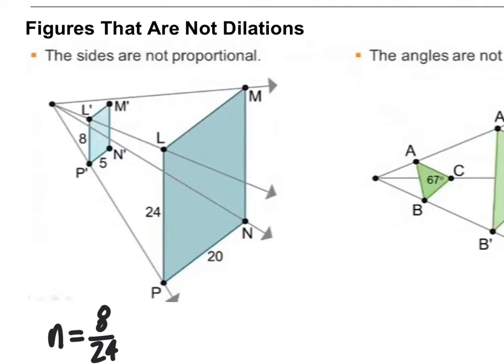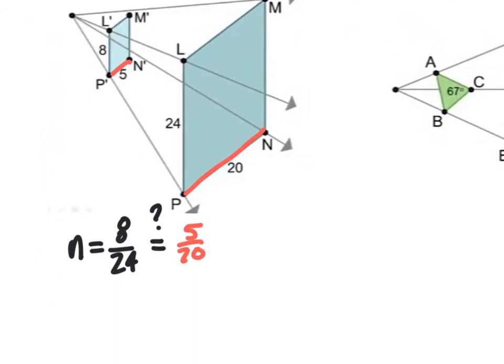Is this equal to doing the same thing with the sides P prime N prime and PN, which is 5/20ths? There are a couple of different ways of doing this, but think about the fractions. If I take 8 and divide it by 24, each of these numbers is divisible by 8, so n is equal to 1/3.